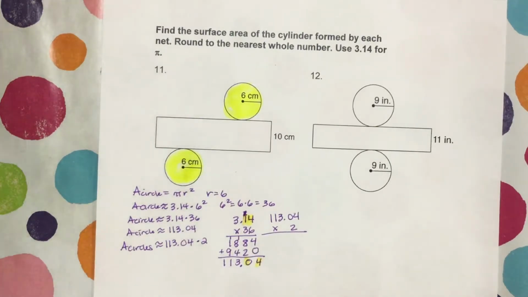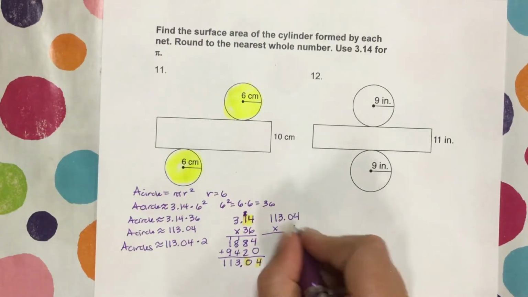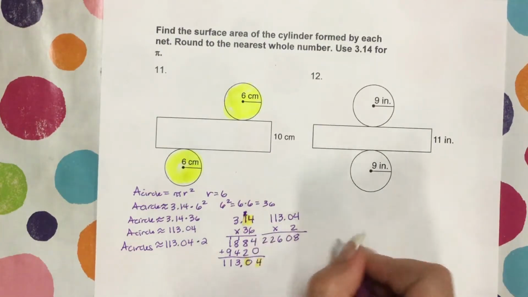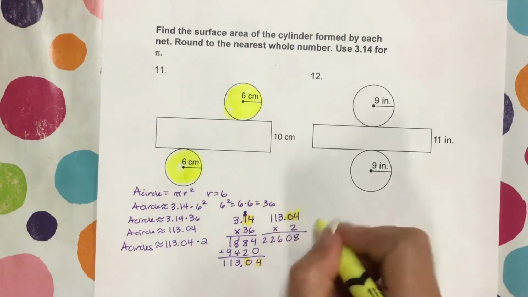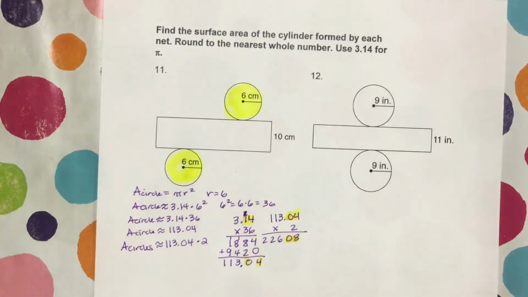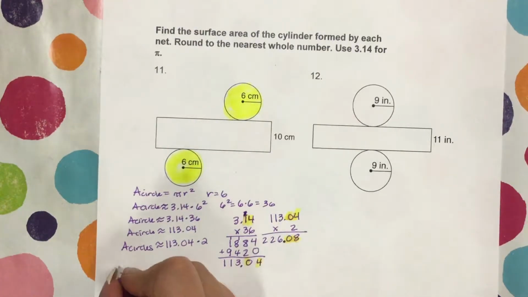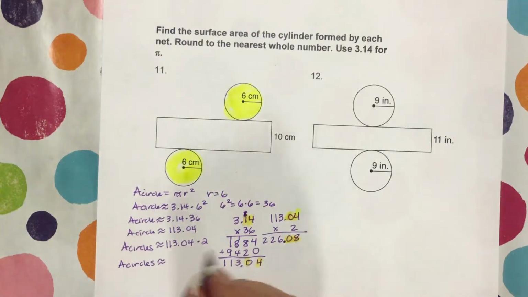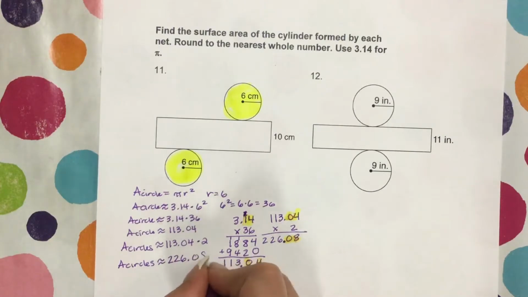So 4 times 2 is 8. 2 times 0 is 0. 2 times 3 is 6. 2 times 1 is 2. 2 times 1 is 2. There are 2 decimal places here in the problem. So there's going to be 2 in my answer. So that means the area of the circles is approximately 226.08.